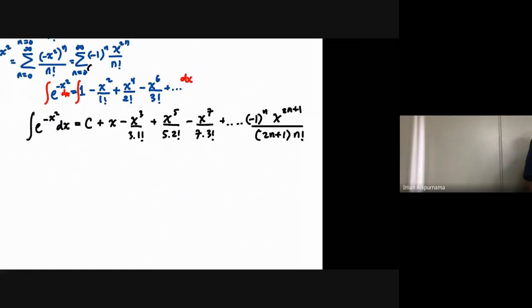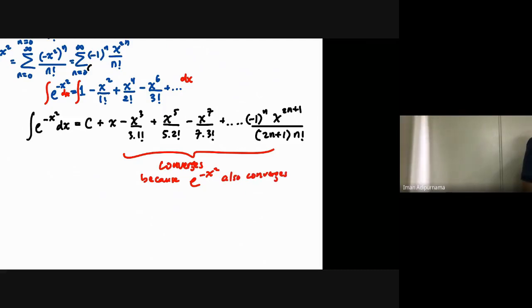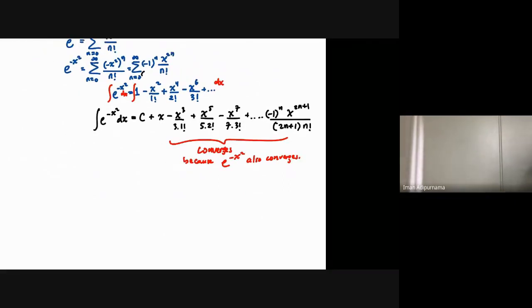And the series will converge because the original series, the e to the minus x squared, also converges. And you can find also the error if you want from 0 to 1.